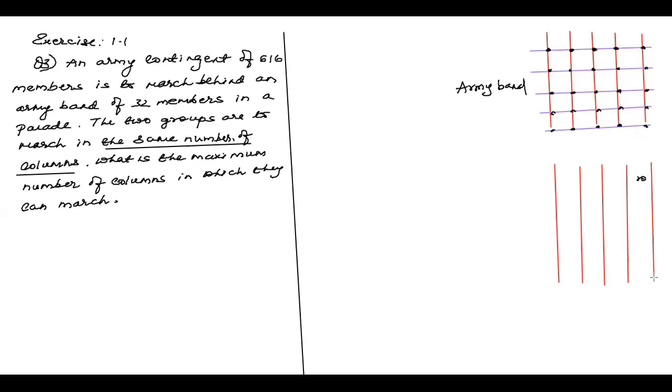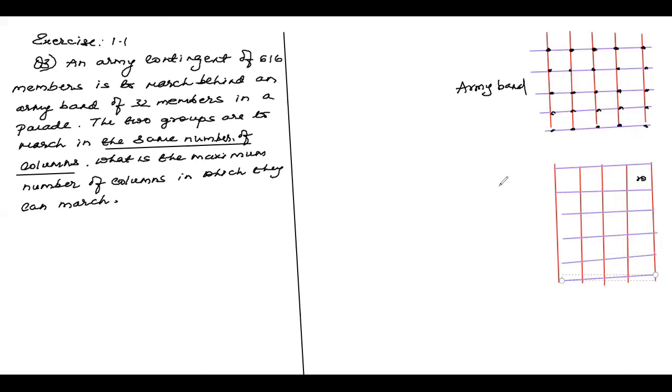ओके, नाउ दिस इज the army people, and they are also made to march after the band. These are army people. Okay, these are the rows. What I'm showing you, these are the rows. Okay, so now try to understand.